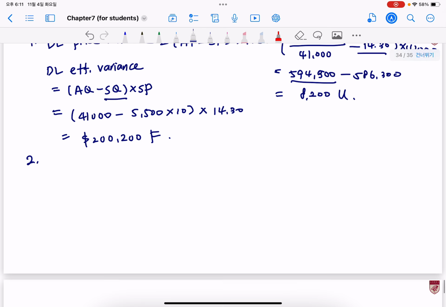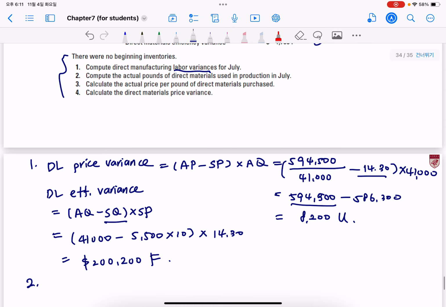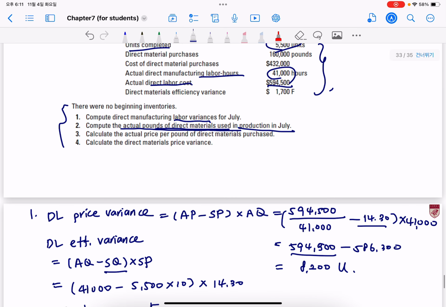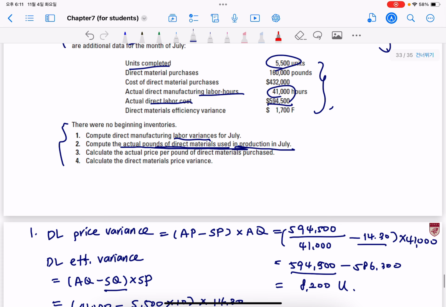Okay, now the next question is to compute the actual pound used in production in July. So if you see this, you may guess, all right, so is it the time we need material, right? So perhaps we can use material efficiency variance, which was the actual quantity minus the standard quantity times the standard price.